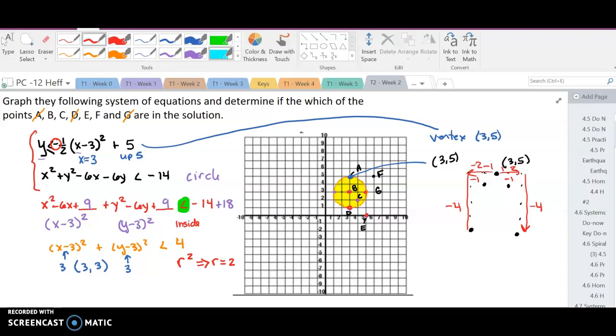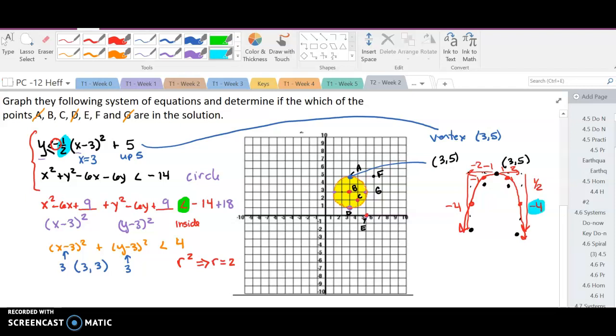But because this is a 1/2 instead of a 1, then each one of these y-coordinates is cut in half. And so this is only going to be to there, and half of 4 is 2 down. And so now you can see what this quadratic will look like. All of our y values are half of what they otherwise would have been.